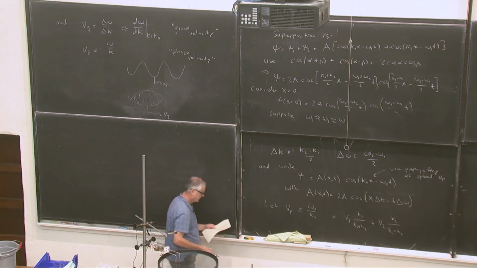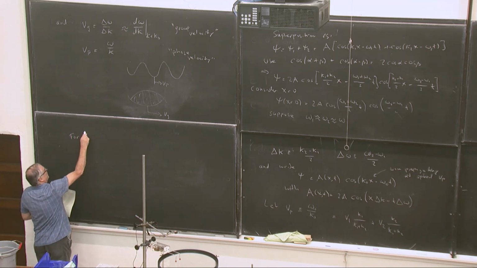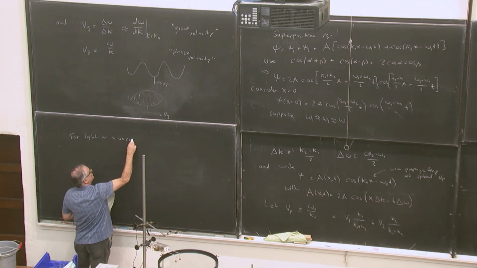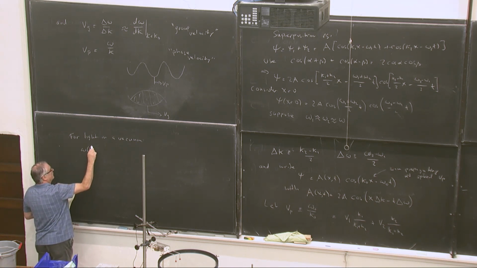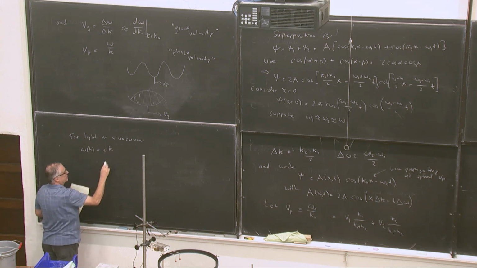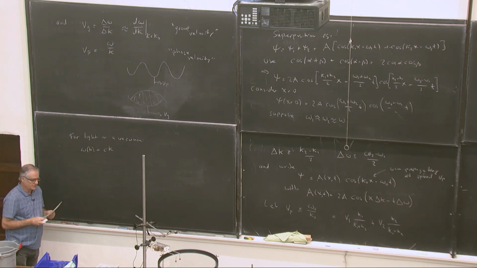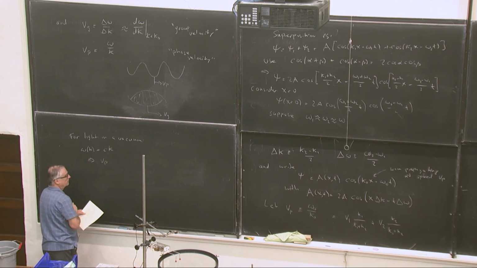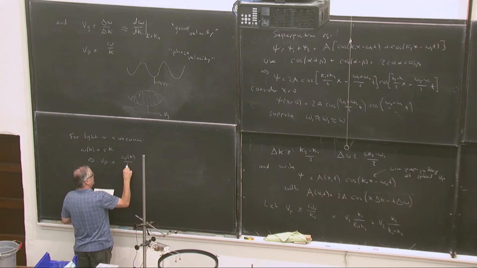So let's try a dispersion relation for light in a vacuum. Omega of k is just the speed of light times k, independent of frequency. Electromagnetic waves in a vacuum all propagate at the same velocity, known as the speed of light. But we can calculate our phase velocity. This is just omega of k divided by k.